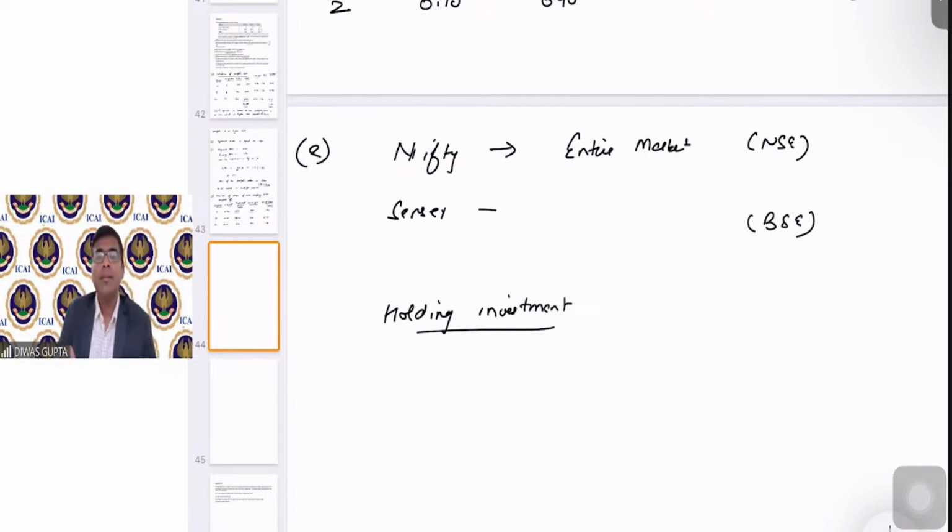That means we are facing a downside risk, because upside, whatever it will be, is a gain to us. But we are facing a downside risk. Now to cover for that downside risk, we have to take a position in Nifty futures so that whenever the market goes down, I will gain. And that will be happening only in one case when I sell Nifty.